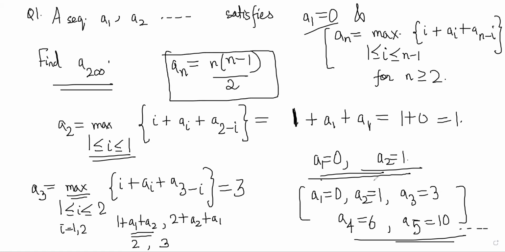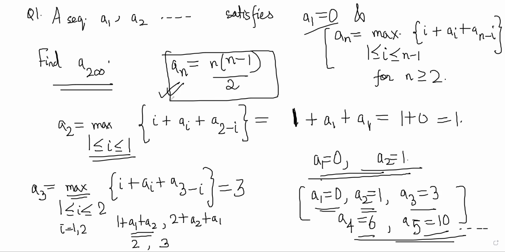This is my guess because it satisfies all of these values, right? It is like 2C2 is 1, 3C2 is 3, 4C2 is 6, 5C2 is 10, and so on, right? 1C2 is 0. So from there, I'm guessing A_n is equal to this.